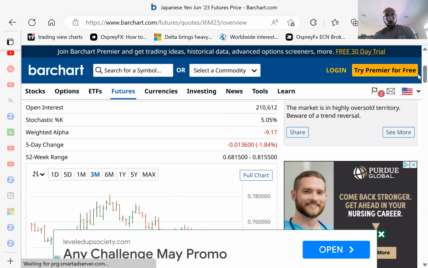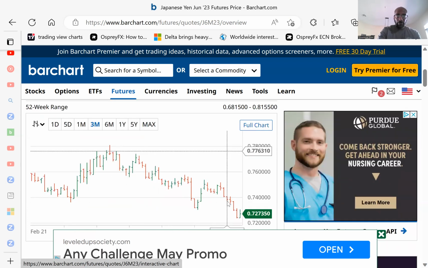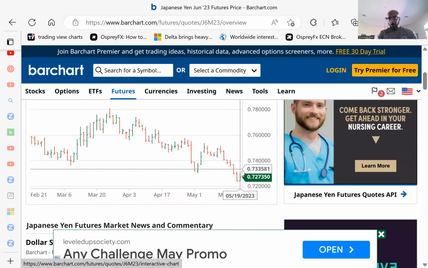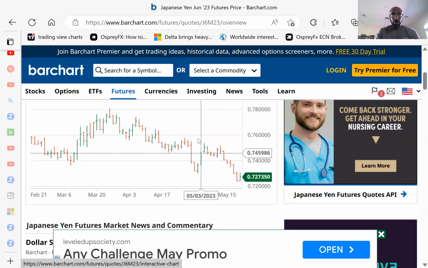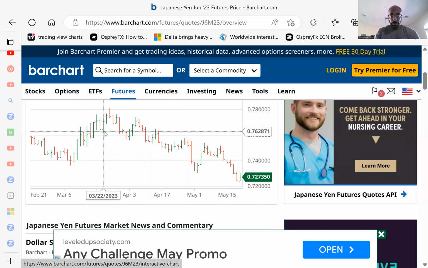So what you would do as a trader is keep an eye on this, and when you start seeing the uptick push up, you'll understand that the Japanese yen is getting stronger. Okay, so you don't want to be selling the yen when the institutions start buying the yen. Okay, and this is the same with every other currency out there.